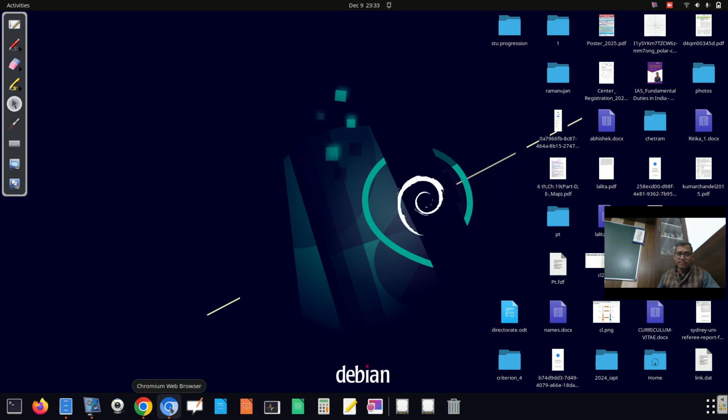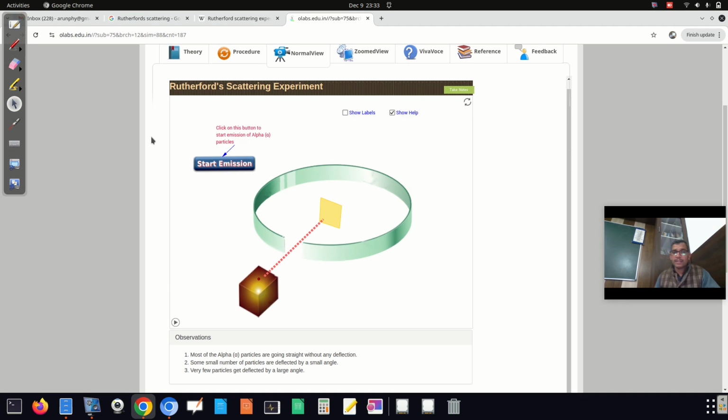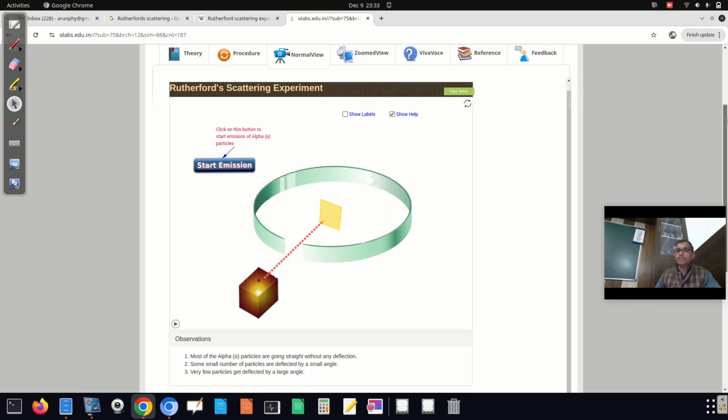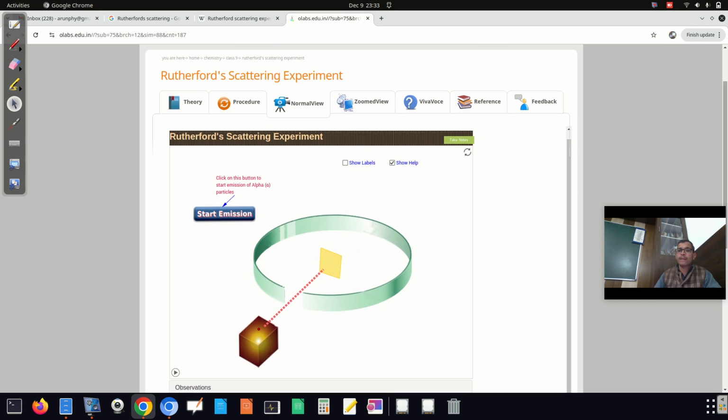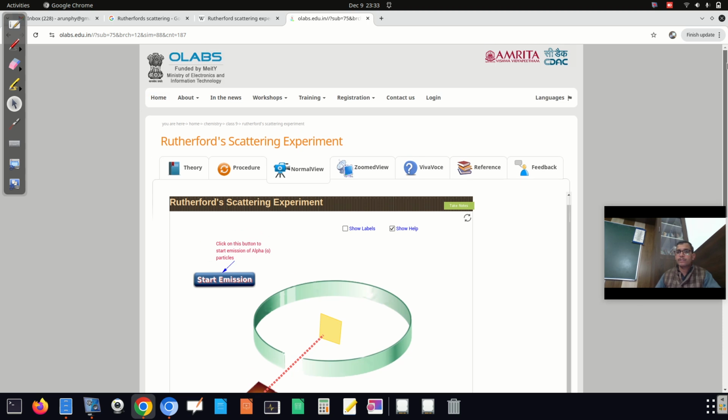I am using this website to show what actually happens. This is the animation of the Rutherford scattering experiment, from O labs. You can see this animation here.